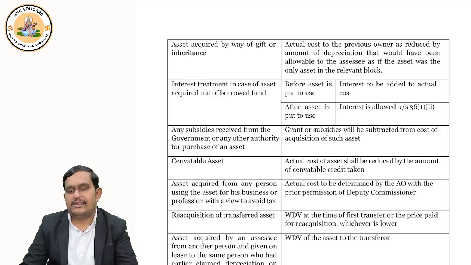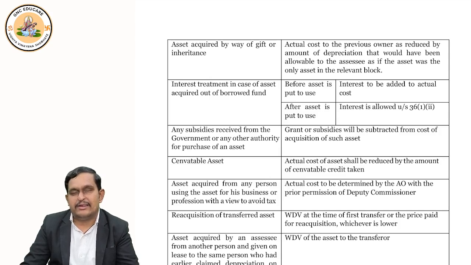But here they are clearly telling that if you want to claim input tax credit for the asset, then the GST element should be deducted from the cost, and you cannot claim depreciation on that portion.